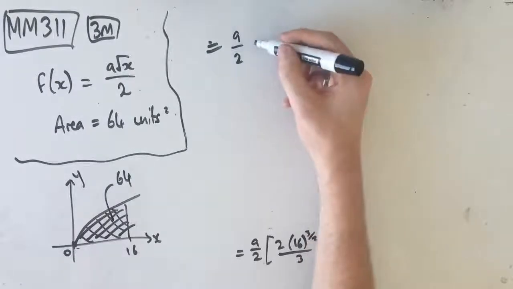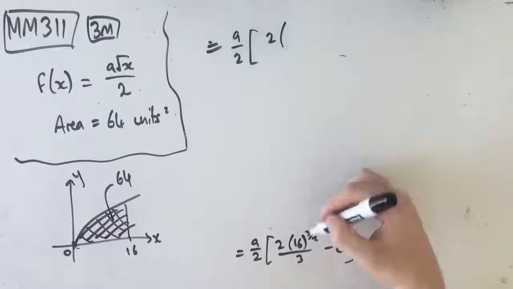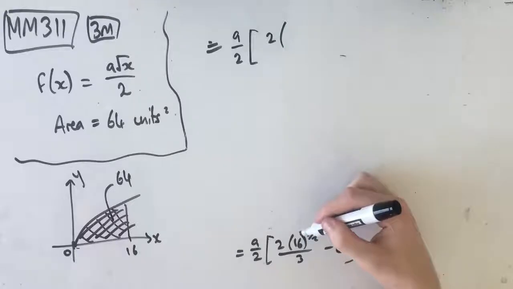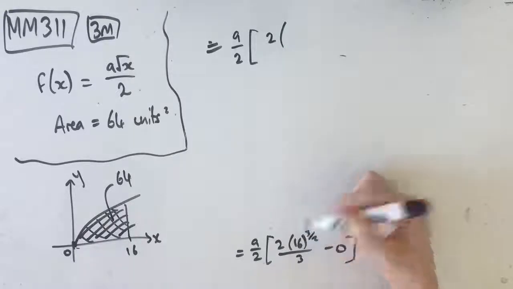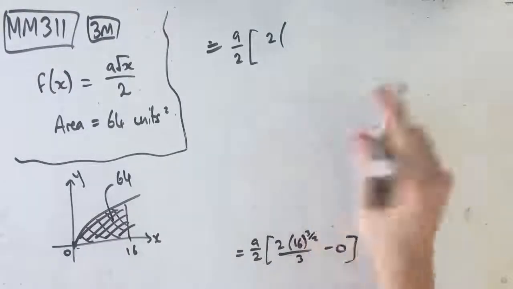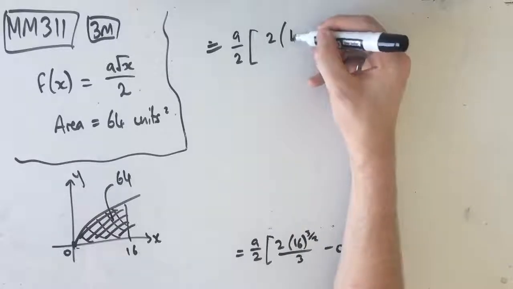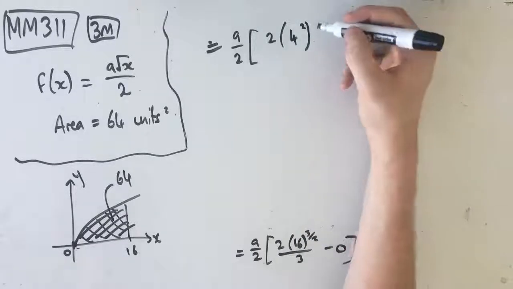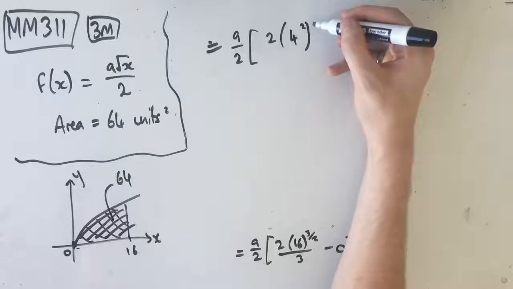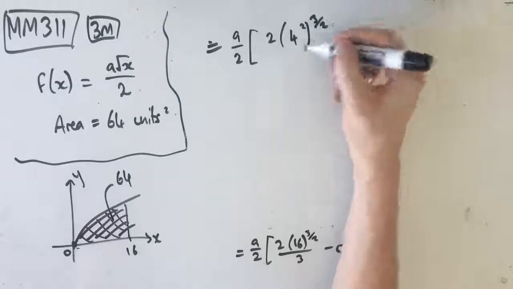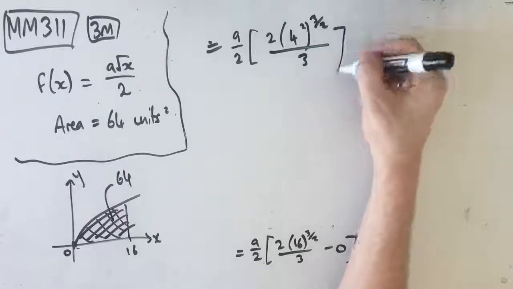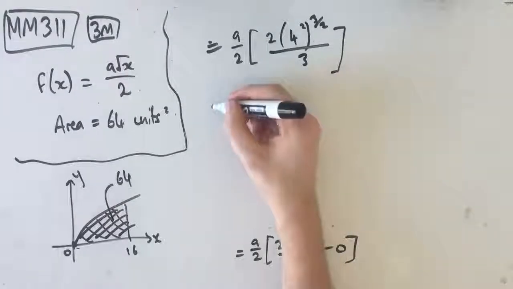So we get a on 2 times 2. Now 16 is 4 to the power of 2, right? So we get 4 to the power of 2, to the power of 3 on 2. Sorry, mental blank. Minus 0, obviously just 0.